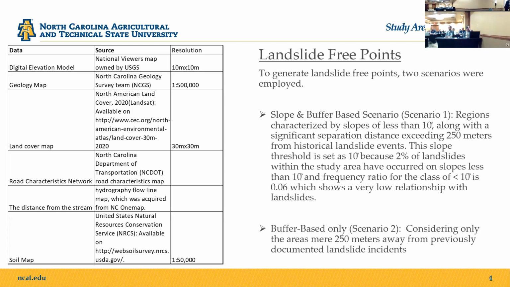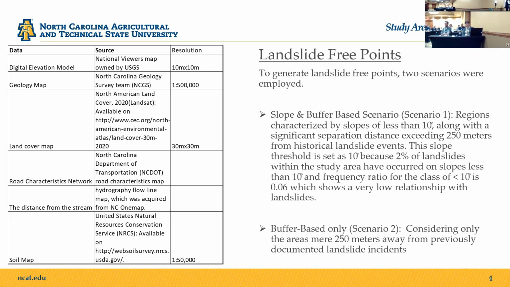Then the geological map, we also got that from the North Carolina Geological Survey team. Many thanks to them. The resolution is 1 to 500,000. The land cover map was gotten from North America Land Cover 2020 using Landsat. The resolution is 30 meters.